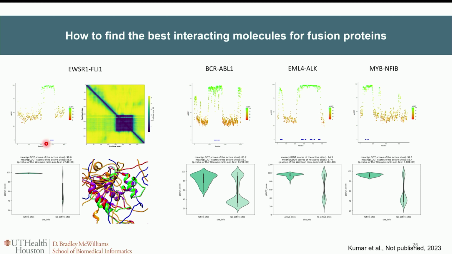The blue dots are the best active sites we predicted based on this predicted structure, and this is a comparison between active site pLDDT score versus non-active site pLDDT scores. We superimposed the fusion and wild type, and these five molecules. We hope to find some interesting molecule.